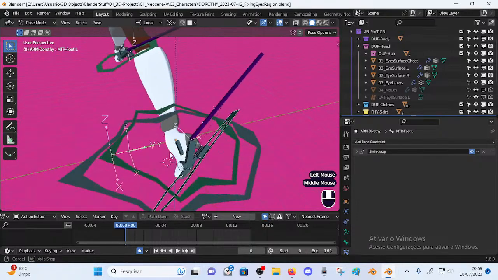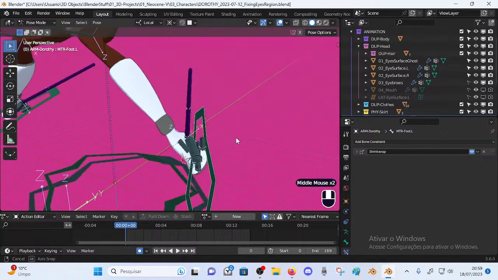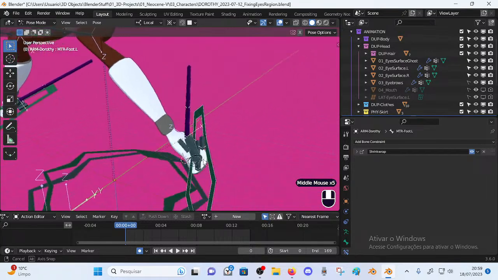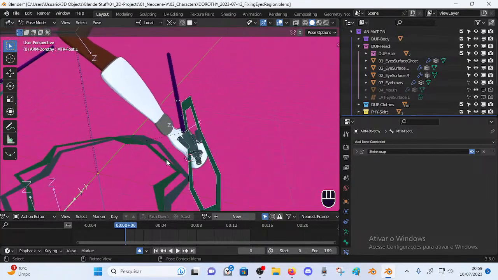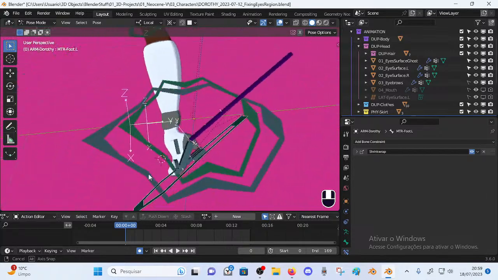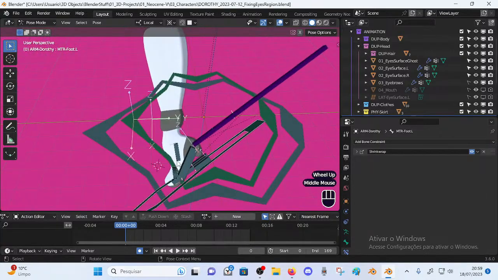And the problem with this kind of advanced rig, maybe there would be some alternative to it. I don't think it's impossible, but it's not conventional.